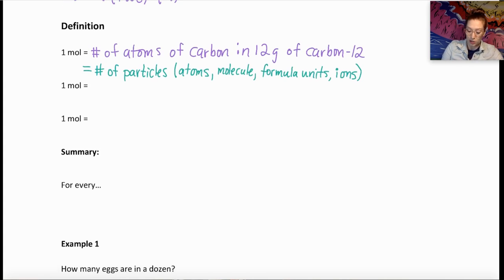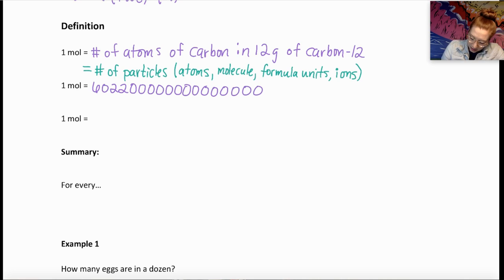Okay. Now, the actual number of particles that we have is really, really large. Give me a second here to write this out for us. Now, I promise this is going to be the only time that you have to write this number out in its entirety.